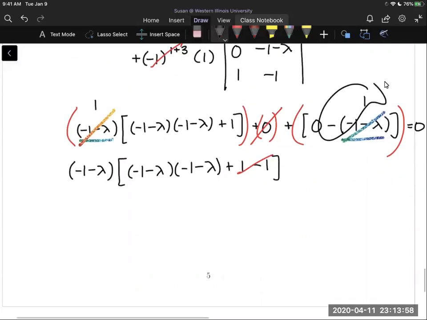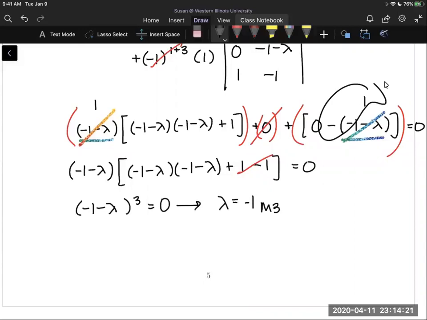And so what I'm left with here is a -1 minus lambda cubed equals 0. So it kind of just factored for us as long as we were clever enough to recognize that we could factor out that common factor. So in this case, we conclude that lambda equals -1, and we have a multiplicity 3 for this eigenvalue.